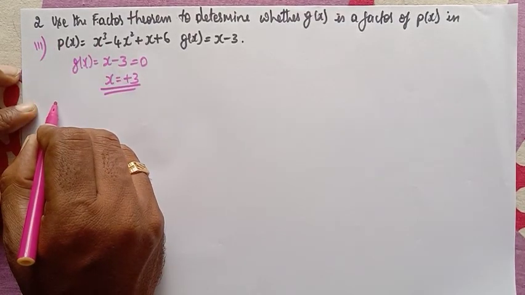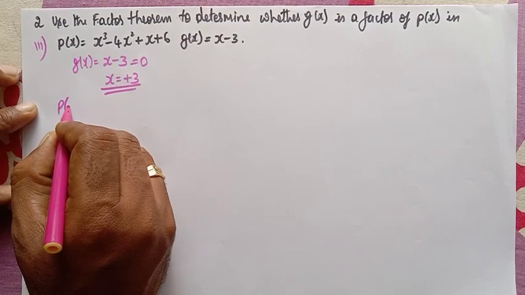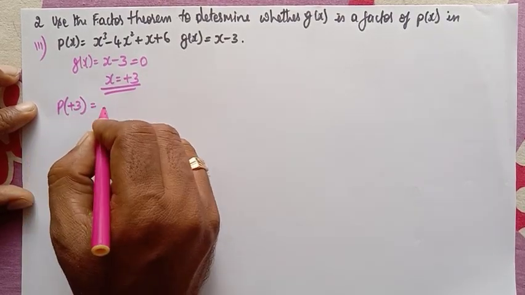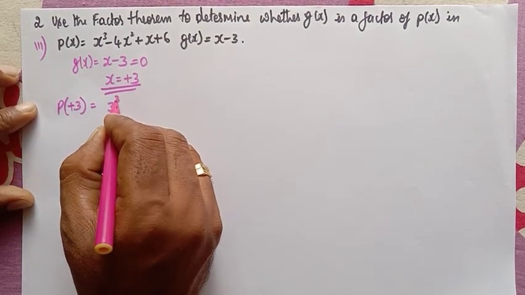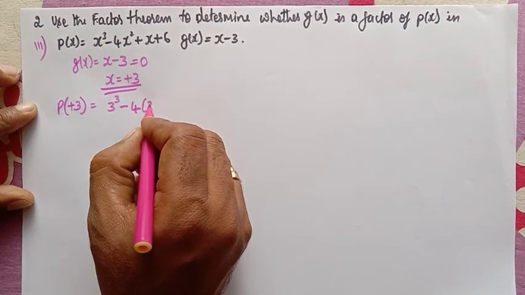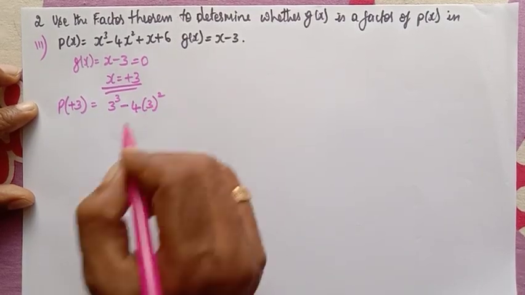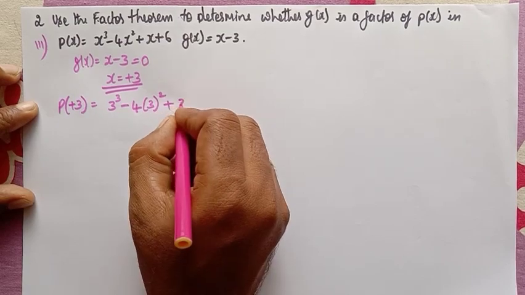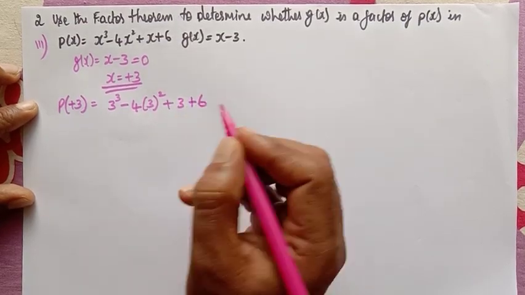That is, p of x will be equal to p of plus 3, which is equal to 3 cube minus 4 into 3 square plus 3 plus 6.